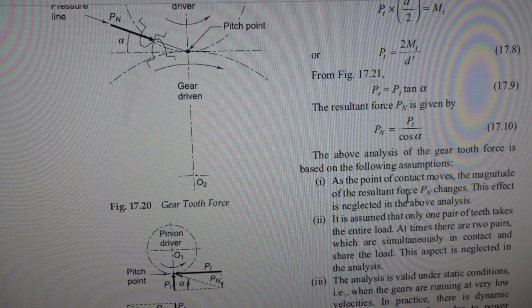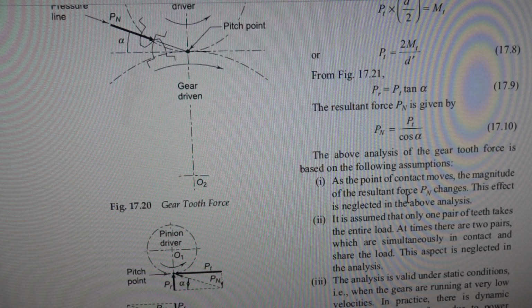In practice, two pairs are simultaneously in contact and share the load. This aspect is neglected in this analysis. Third, the analysis is valid under static conditions, when gears are running at very low velocity. In practice, there is a dynamic force in addition to the force due to the power transmission. The effect of the dynamic force is neglected in this analysis.